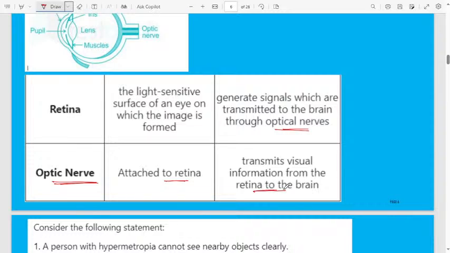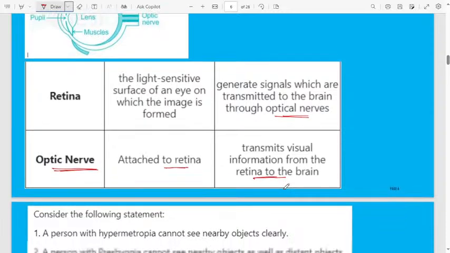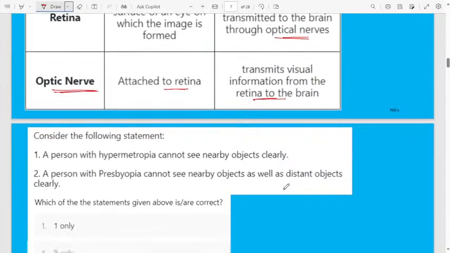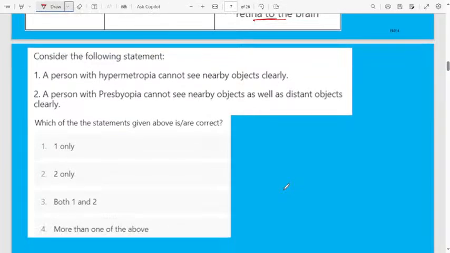With the help of the optic nerve, the image is transferred like a signal to your brain. Then your brain recognizes it. All this process happens within a short period of time. Okay, these are the very important points I explained on the topic.